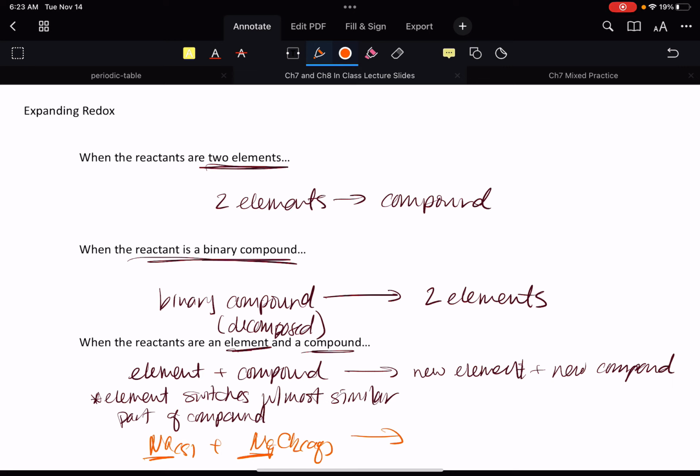If we look at a periodic table, we would be able to see that these are both metals. And if we zoom out a little bit, they both play the role of cation in ionic compounds, right? So those two would switch. If they switch, that means the new element is going to be magnesium, and our new compound is going to be sodium chloride.